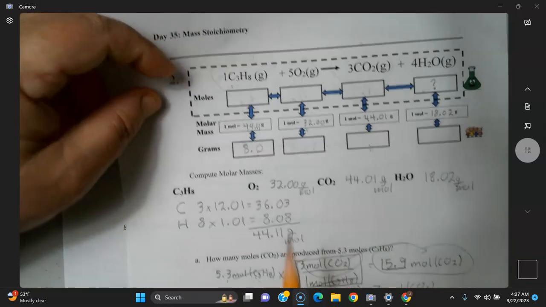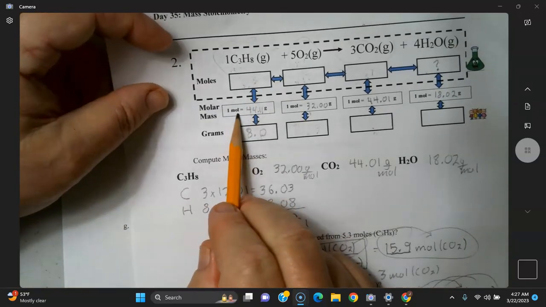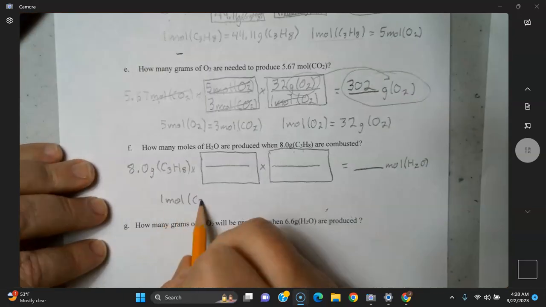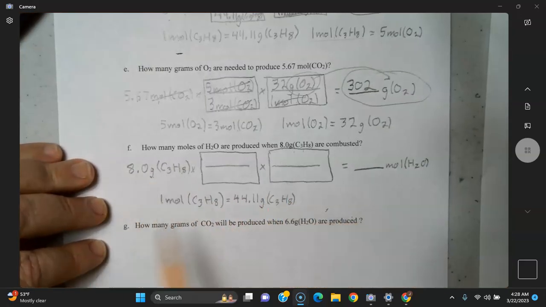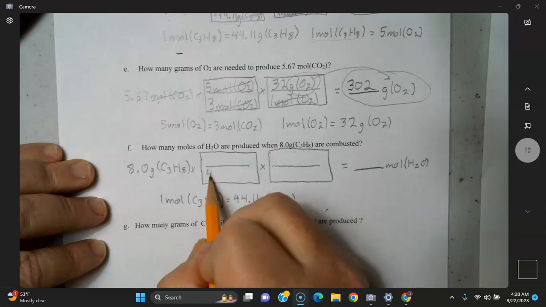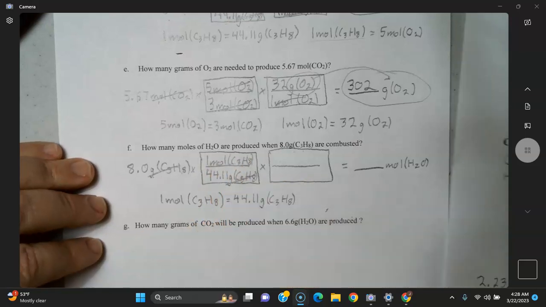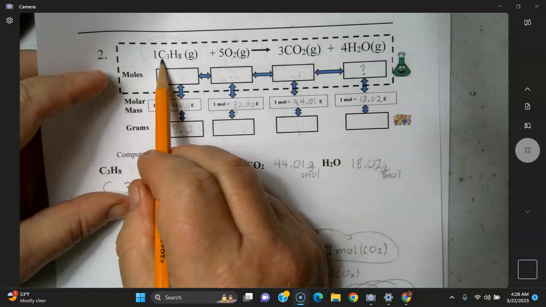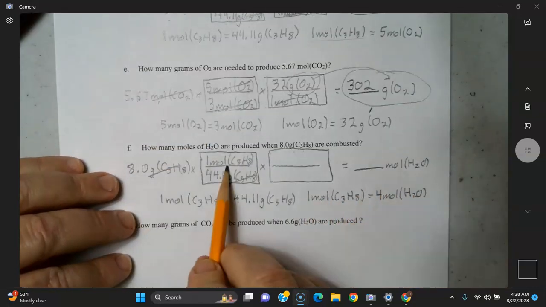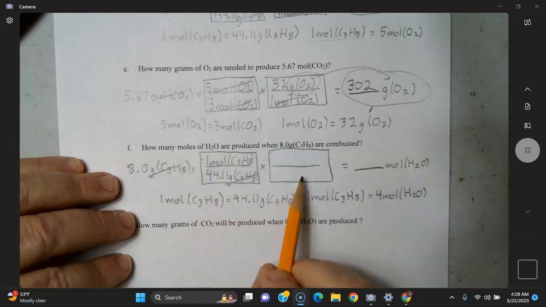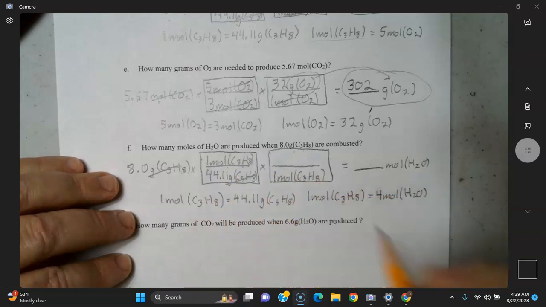Okay, so now the first one is going up, and that's the molar mass of C3H8. We need grams of C3H8 to cancel, so this goes on the bottom. And now we go 1 mole of C3H8 equals 4 moles of H2O. Moles of C3H8 is on the top, so it has to be on the bottom here.